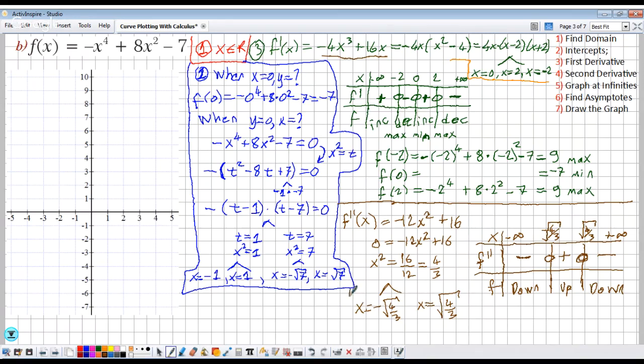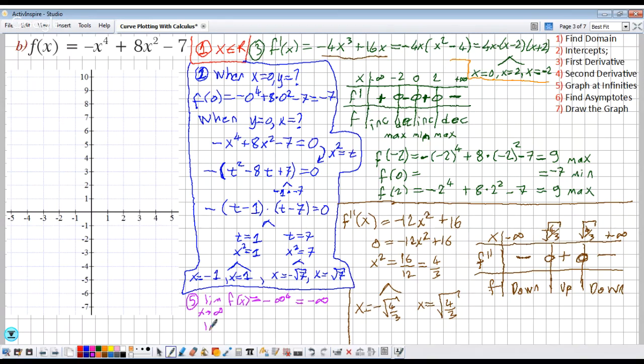fourth step. So then let's go to the fifth step, the graph at infinities. Limit when x goes to plus infinite for this function. The largest power in the real function is minus times x to the power 4. So minus times infinite to the power 4 is going to be minus infinite.